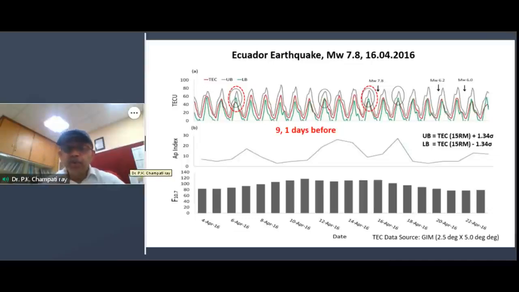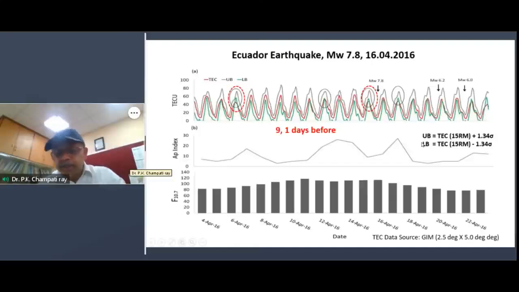This is the anomaly we see. The value suddenly decreases below the lower limit. There are two prominent occasions, 9 days before and 1 day before, when the values fell significantly lower compared to the lower bound.